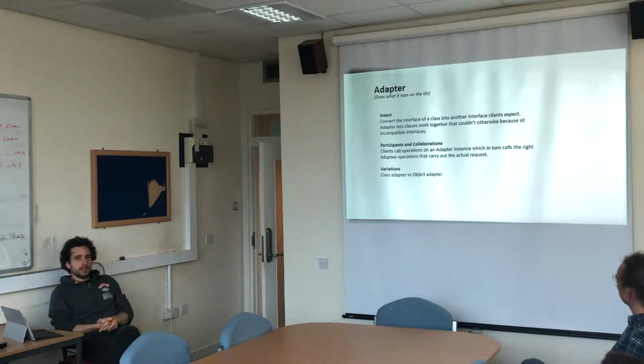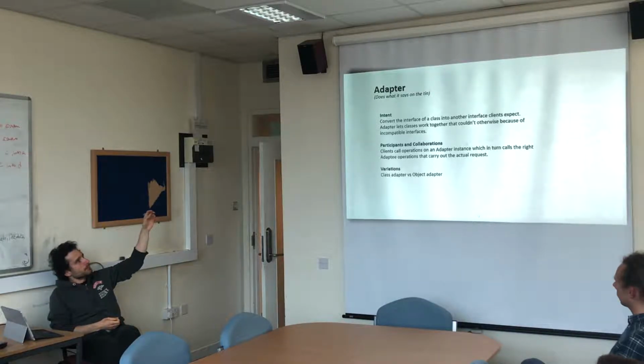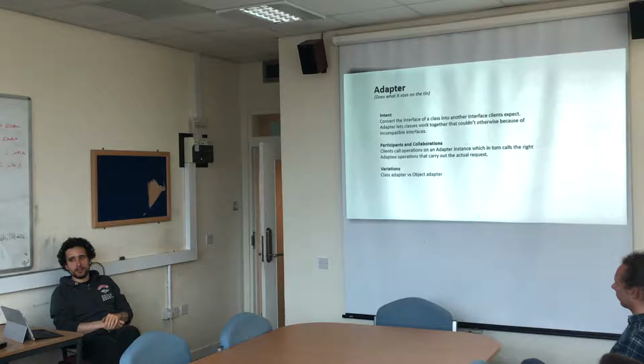In the literature, patterns are usually described in this way. First there's the title, the name of the pattern, then the intent, then a description of the structure of the pattern and the collaboration between the participants in the pattern, and some other considerations like the pros and cons of that pattern, the consequences, etc. Here, I try to summarize very much.